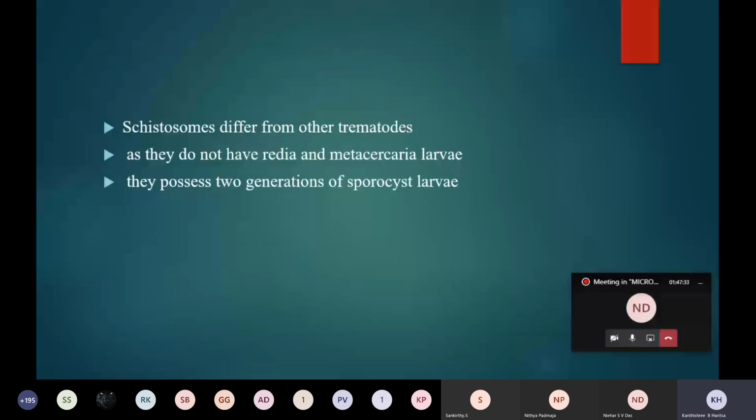Schistosomes differ from other trematodes in that they do not have Redia and Metacercaria larval stages. In others, there is one generation of sporocyst larva, but in schistosomes, they possess two generations of sporocyst larva.